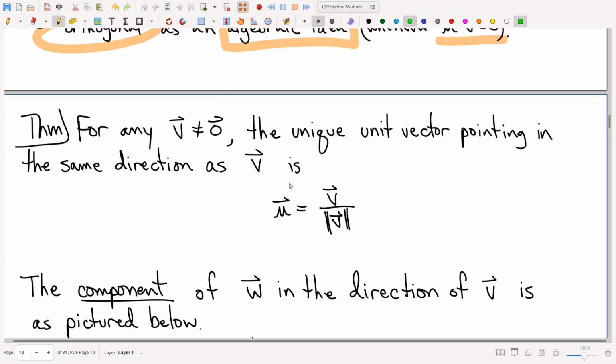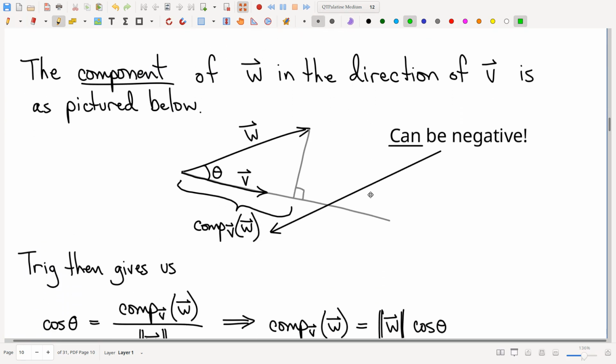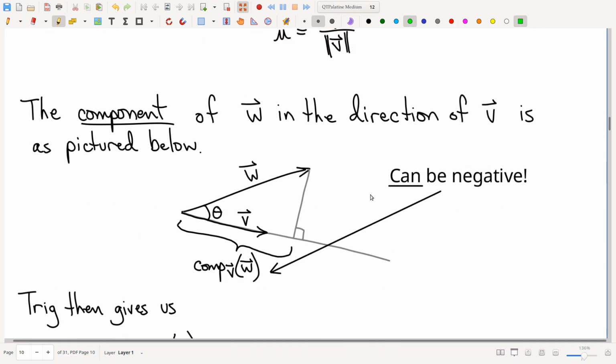Okay, now next thing we want to talk about: component. So a component says, suppose we're looking at some vector W, and suppose that for whatever reason I don't really actually care about the vector W itself.